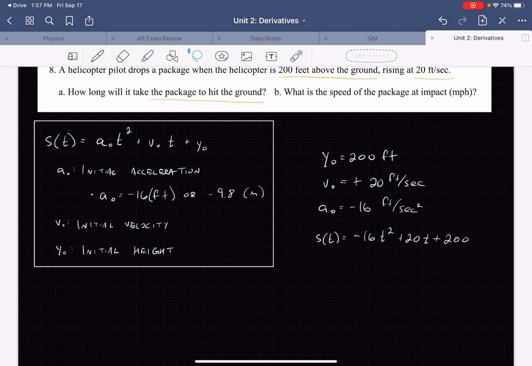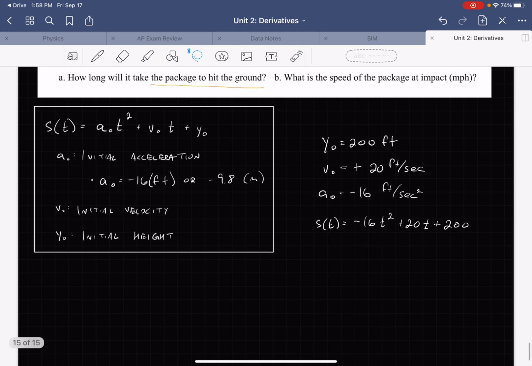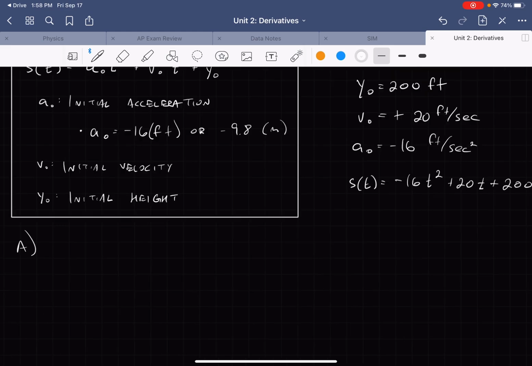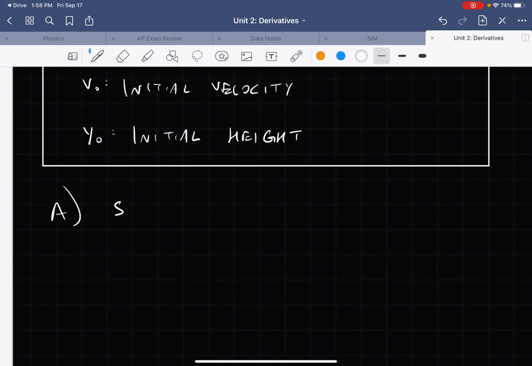So now that we have that figured out, we can answer part A. Part A says, how long will it take the package to hit the ground? So if the package hits the ground, that means it would then have a height of 0. So since our position function S of t tells us the height at time t, if we just set this equal to 0, it'll tell us at what time it has hit the ground.